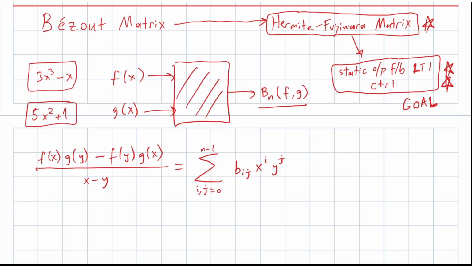we have, this is a third order polynomial, and this is second order. There is a formula: n is the maximum of the degree of f and the degree of g.